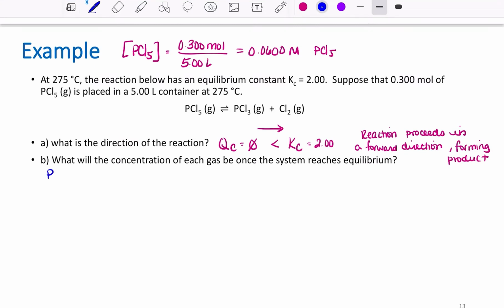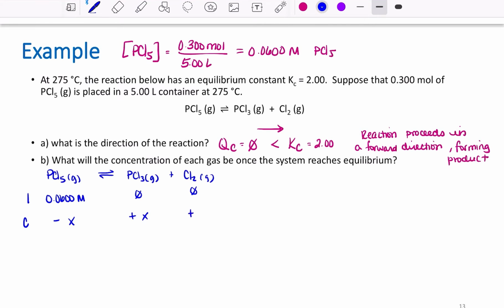Rewrite our equation, PCl5 in equilibrium with PCl3 plus Cl2. Initially, I have 0.0600 molar PCl5 and no PCl3 or Cl2 present. Change: minus X for the reactant, plus X for product.